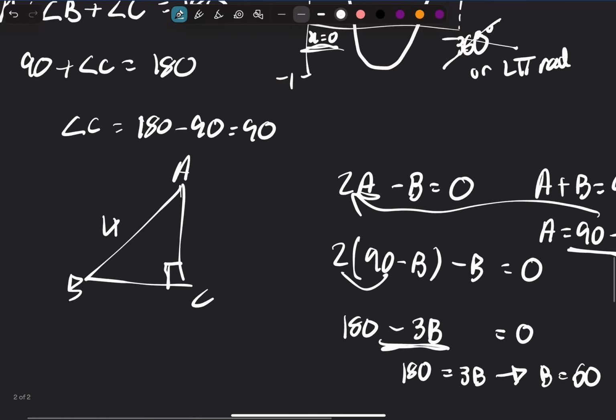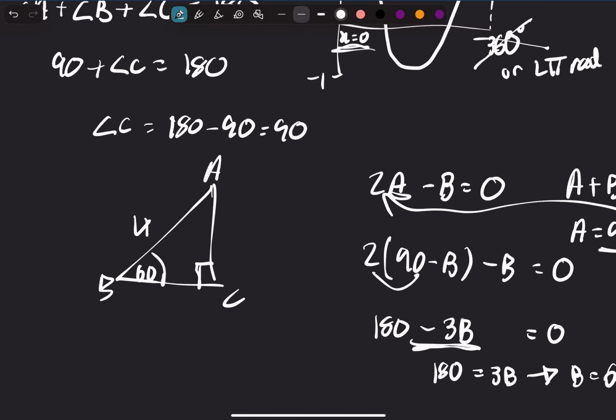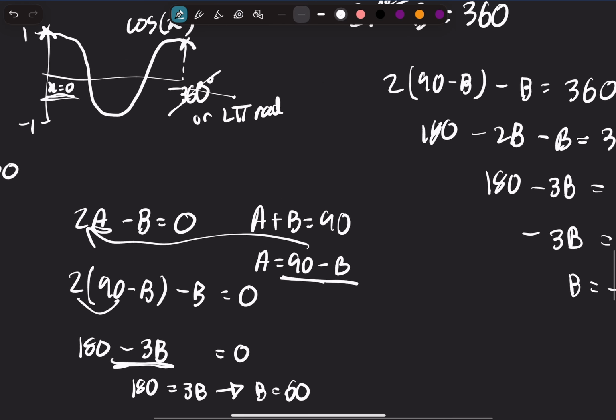Now, if b equals 60, then we know that all angles in a triangle must sum to 180, right? So we have angle A plus 90, which is angle C, plus 60, which is angle B, equals 180. This is angle A here. Actually, let's move this to the side.